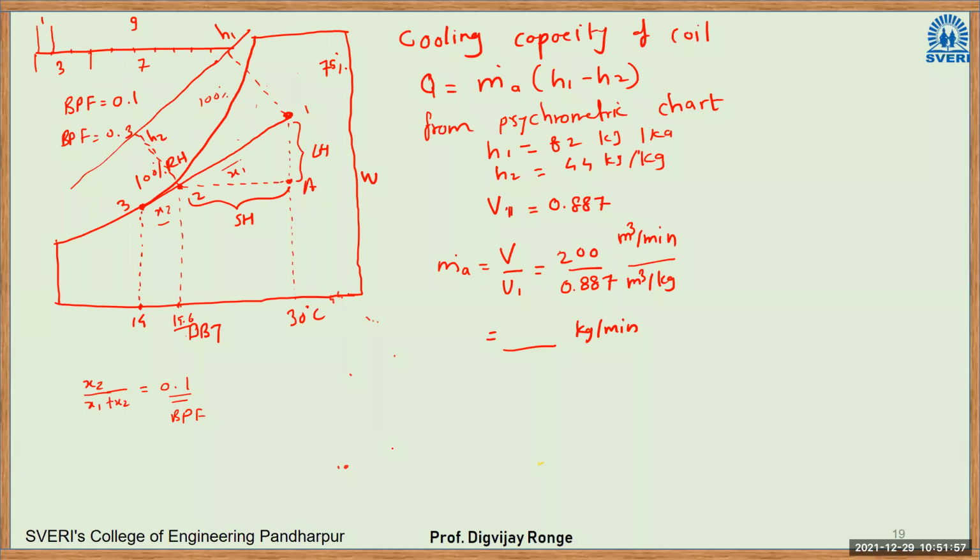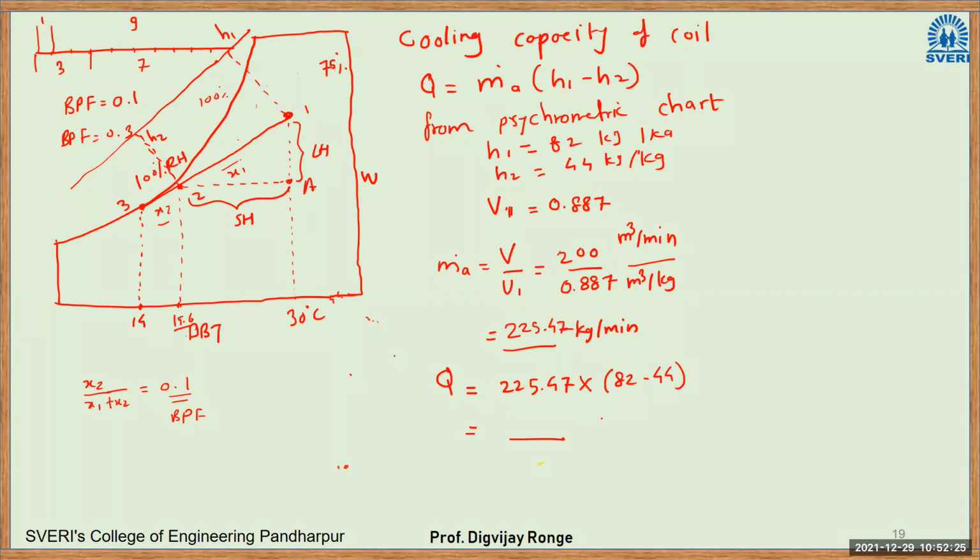Okay, I'll take the answer from the chat box, that is 225.47. So let us calculate the Q value. This is 225.47 into H1, which we have calculated as 82, minus H2, which we have calculated as 44. First calculate this one.